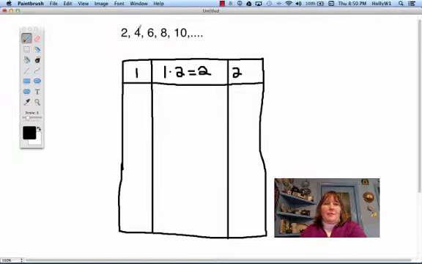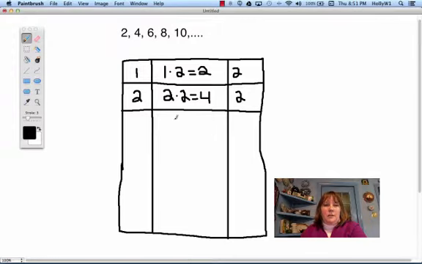Okay, so the second term is the term that it is, so it's the second term, times 2. That's how we got that term.